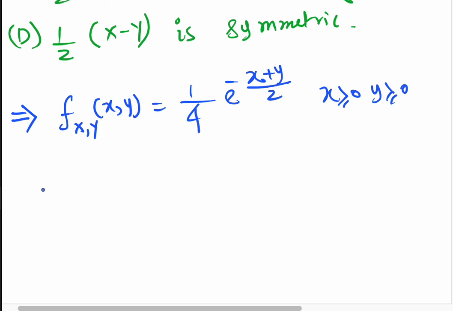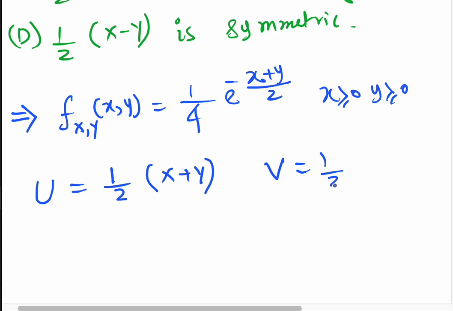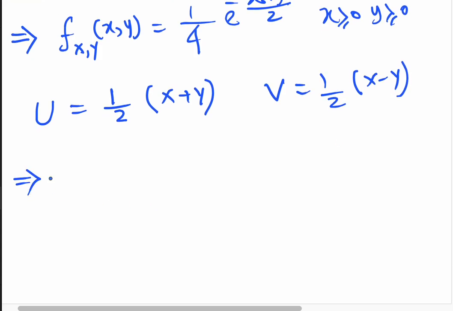One is u, which is x plus y, and another random variable is v, which is half (x minus y). Thus x will be u plus v, and y will be u minus v.